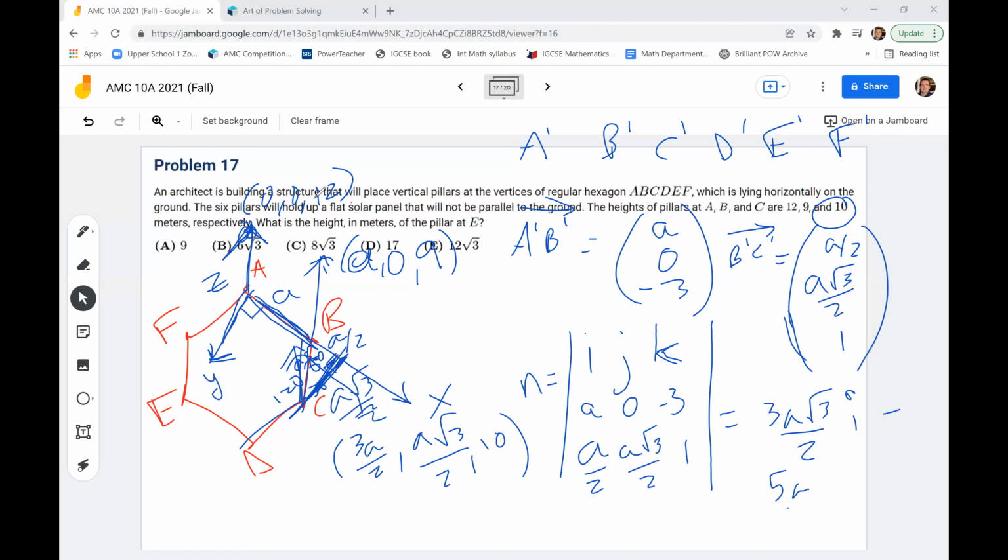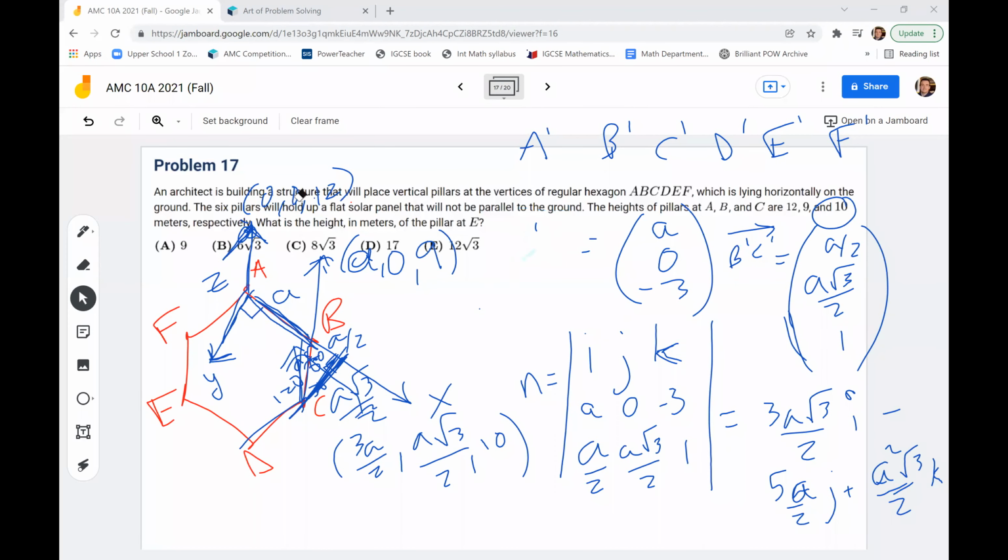So 5a over 2 j, and it's minus because it alternates in sign. Then for k, it would be a squared root 3 over 2 minus 0, so a squared root 3 over 2 k. All right, so that's going to be our normal vector.